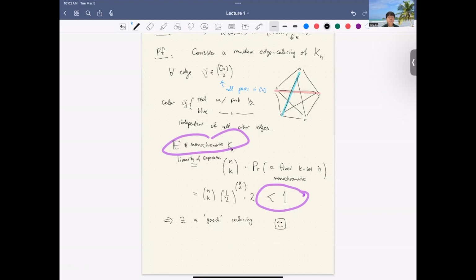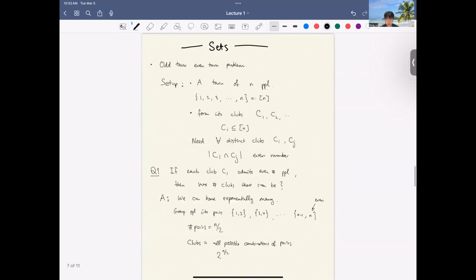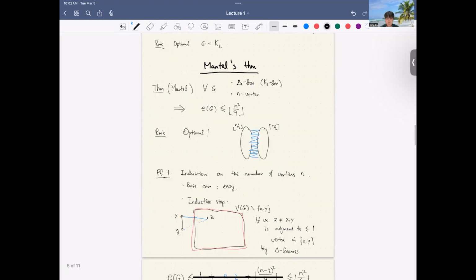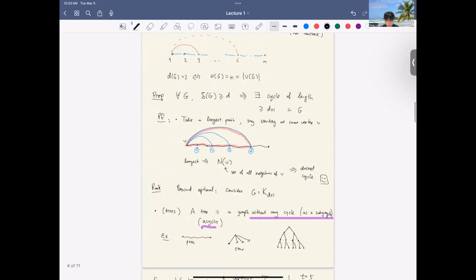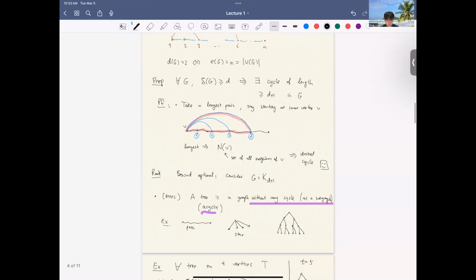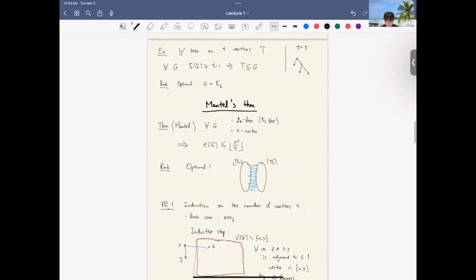Any questions? Maybe the first page at the top, here.